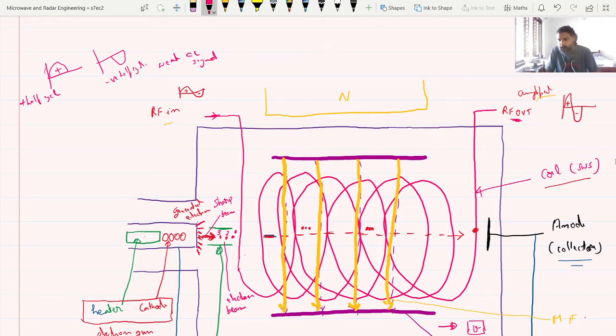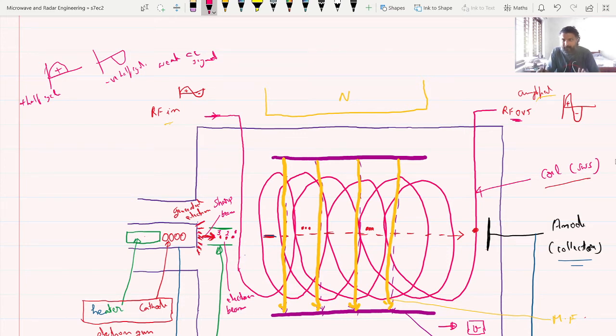During the positive half cycle, the electrons that have been traveling in the direction of the anode, because of the slow wave structure utilized in the traveling wave tube, are accelerated towards the anode itself because of the positive half cycle or positive voltage we give to the RF in. Clear?